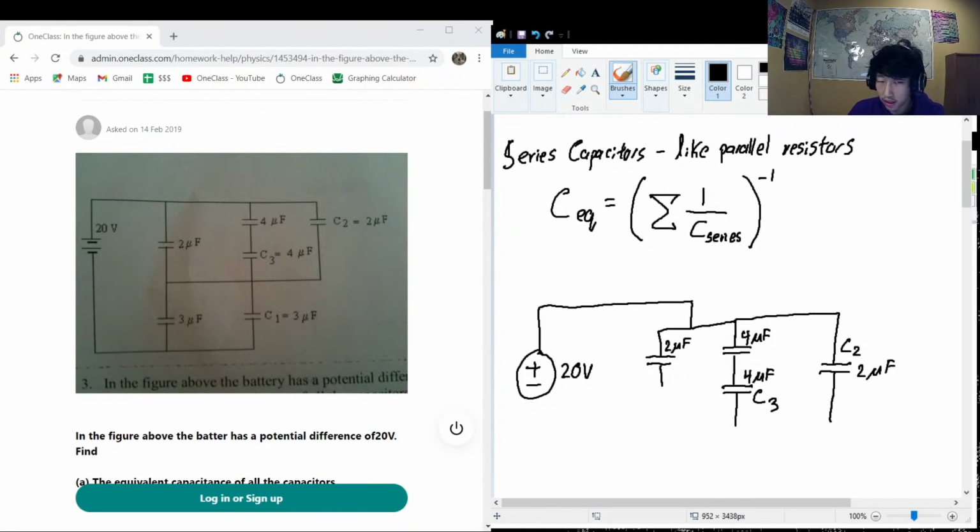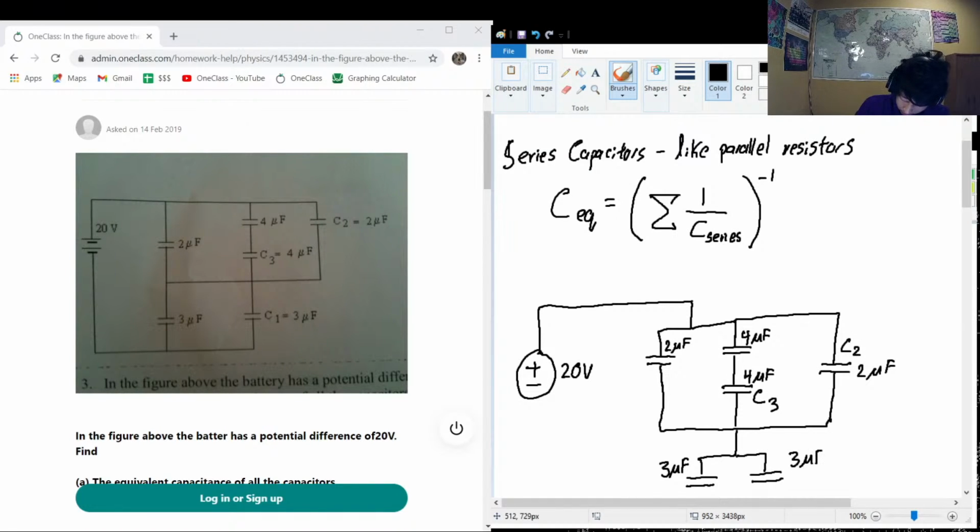Okay, and those three branches all come together like this. And then they all lead into the next part of this node, which is a 3 in parallel with a 3. So this is 3 microfarads in parallel with another 3 microfarads, and this was C1.